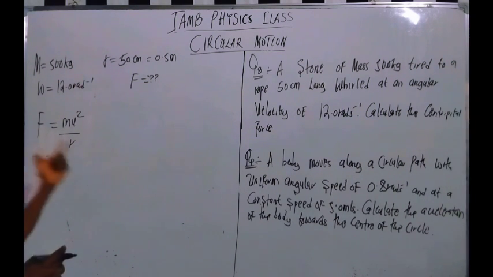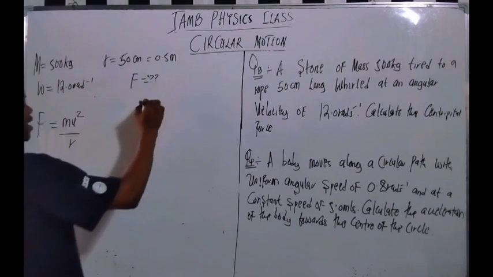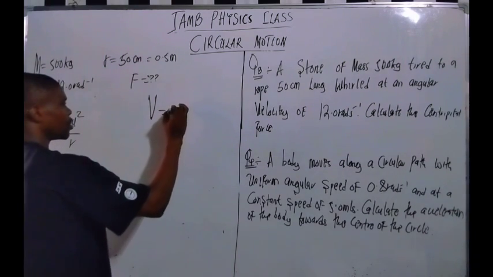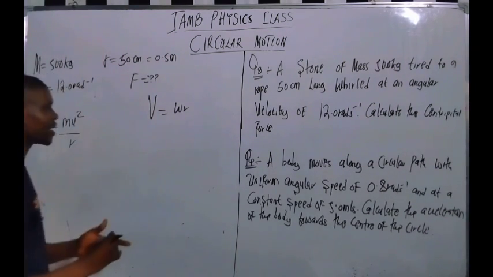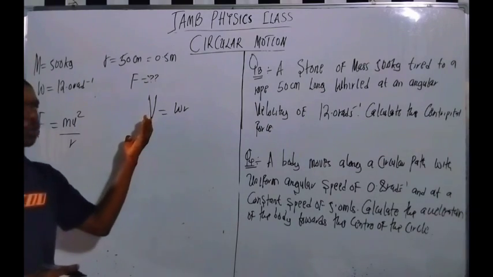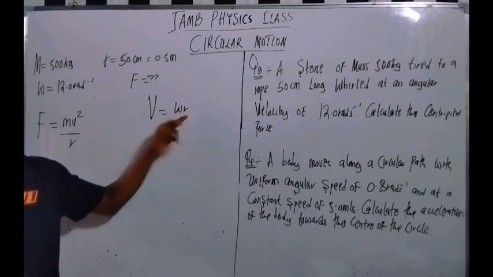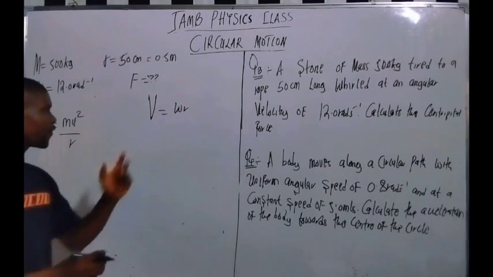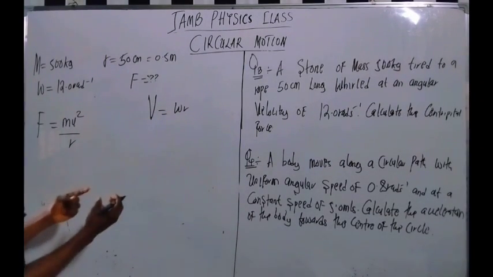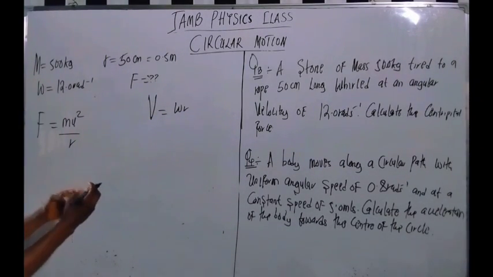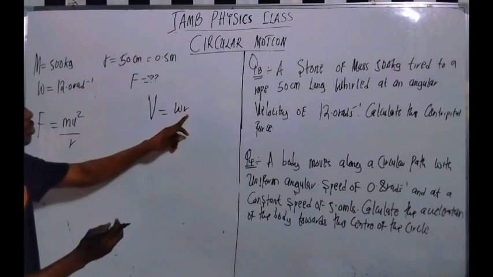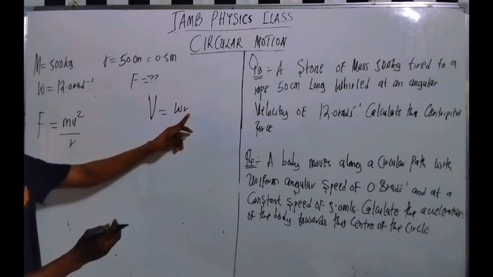The relation between linear and angular velocity is v, the linear velocity, equals w times r. In the sense that the linear velocity equals the angular velocity times the radius. Do you understand? So anywhere I see my v, I put w r. Just that.